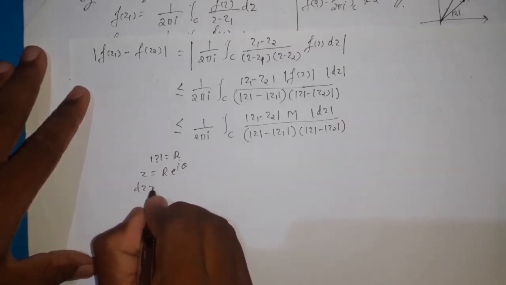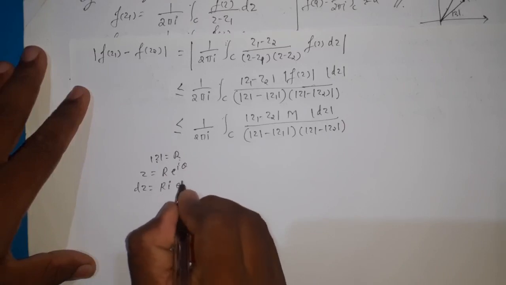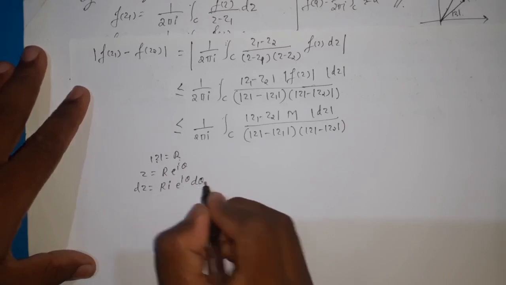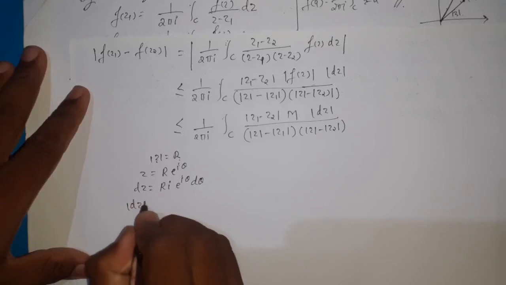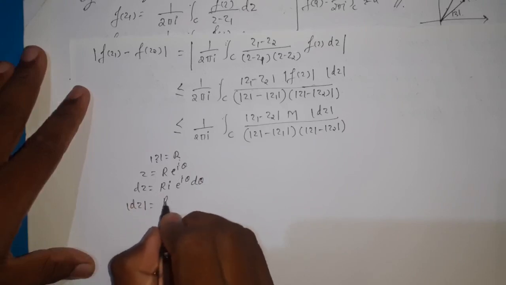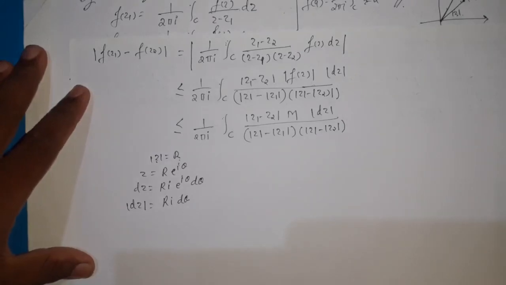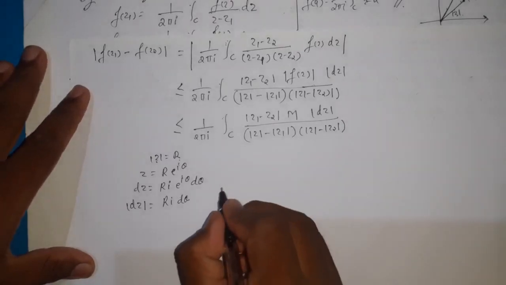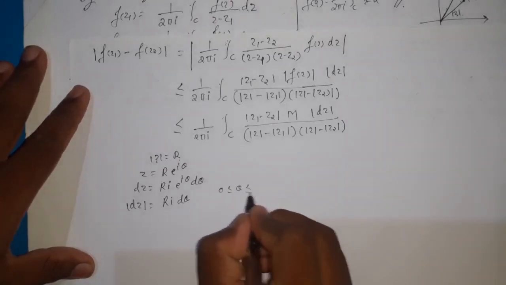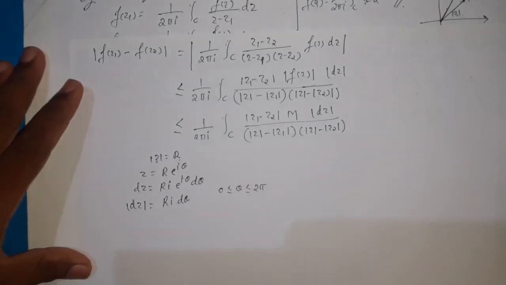Then dz equal to R i e power i theta d theta, mod dz is R d theta. Here theta lies between 0 to 2 pi.